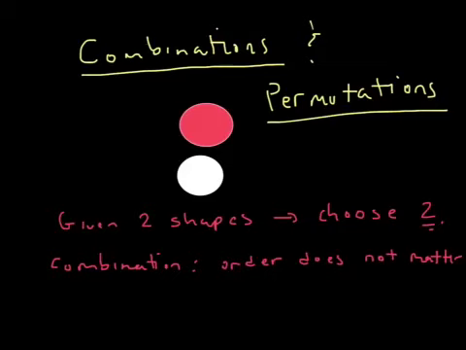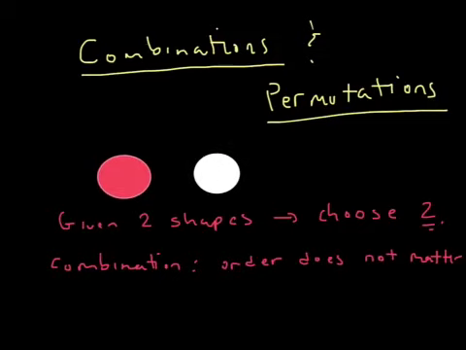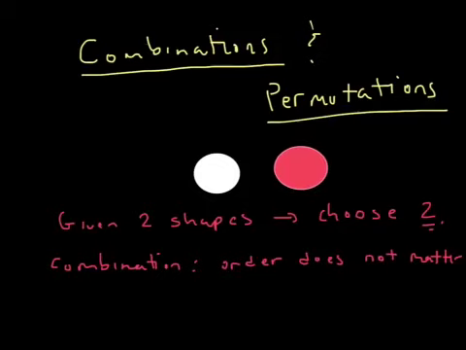It doesn't matter how we're ordering them. And just for simplicity's sake, let's just talk about left and right. So it doesn't matter if the red is to the left of the white or to the right of the white. The fact is we have a white circle and a red, well, it's more of an ellipse, but a white and a red shape. So in combination, it doesn't matter what order you're in.